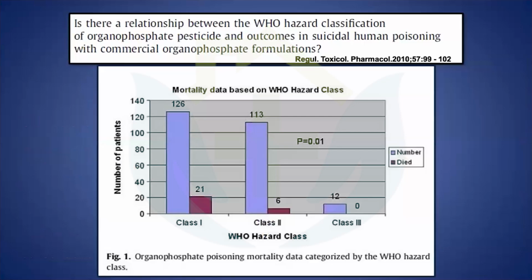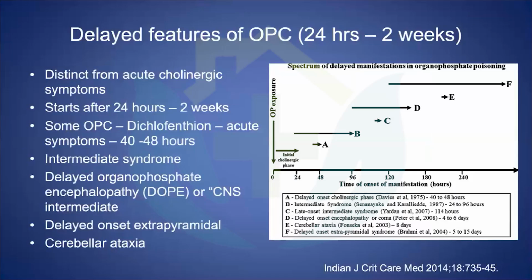So is there any relation between the hazard classification of organophosphorus pesticide and outcome in suicidal human poisoning with commercial organophosphorus formulation? It has been found that a commercial formulation has more mortality and delayed features of organophosphorus poisoning at 24 hours to 2 weeks.